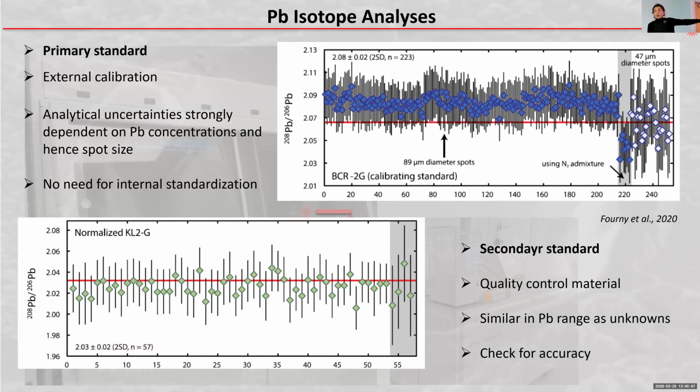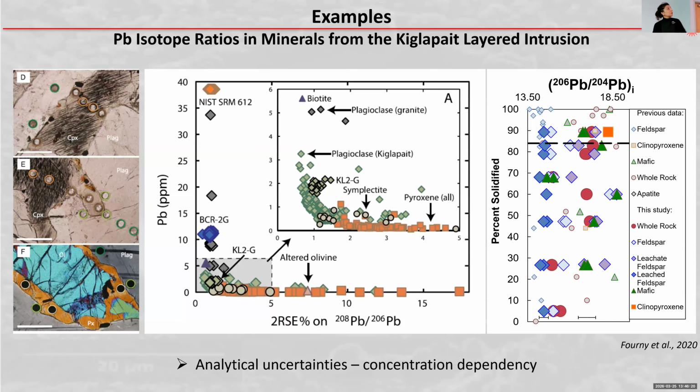This is the KL2G. It's also a dark basaltic glass, and it was calibrated by the BCR2 values. However, the KL2G has 2 ppm, microgram per gram, lead concentration, while the BCR2 has 11 microgram per gram. And this is, again, going back to what we discussed, matrix matching in uranium-lead: not only the sample structure, mineralogy and composition have to be similar to each other. This is very, very obvious with this diagram.